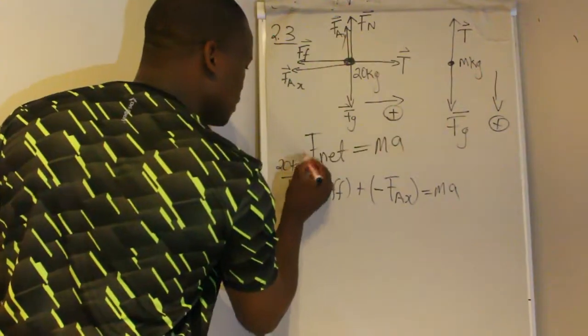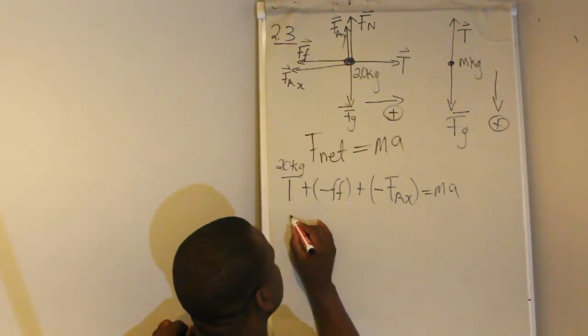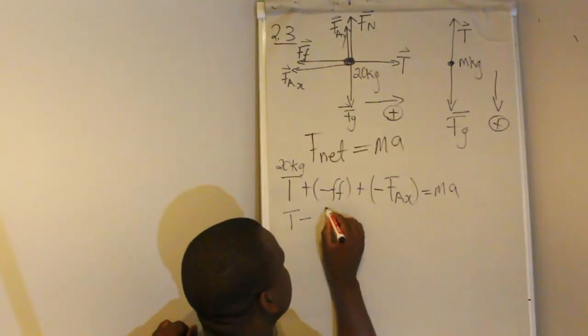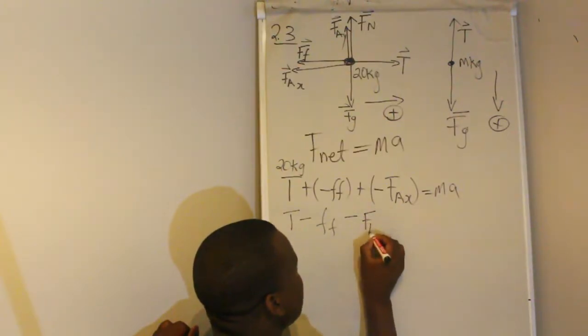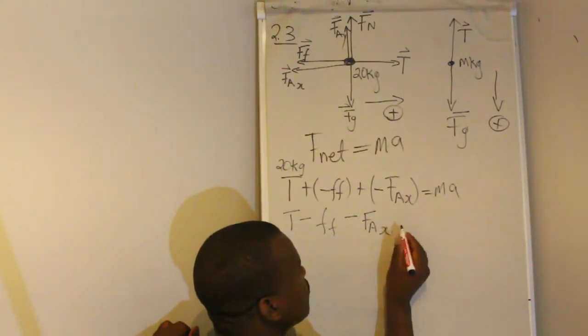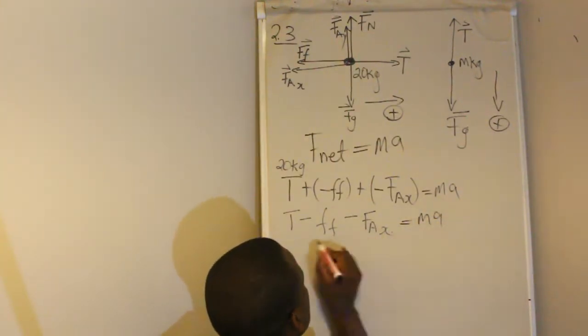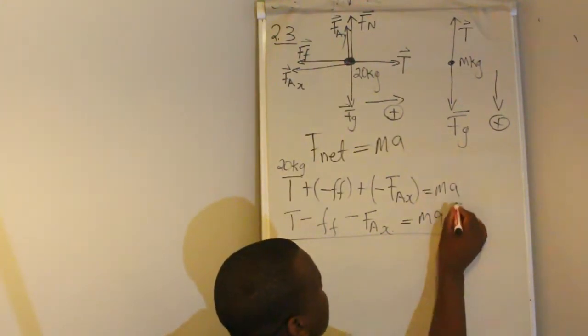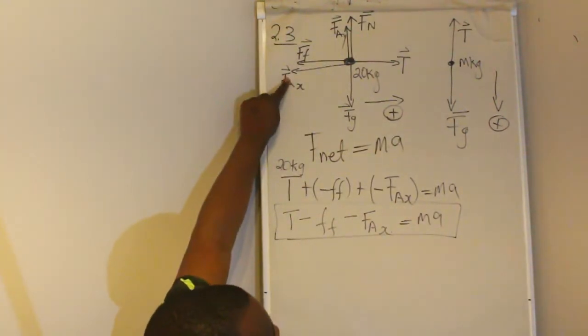To simplify it, T minus frictional force minus FA in the x direction, which is horizontal, is equal to MA. This is the equation for the net force for the 20 kg block.